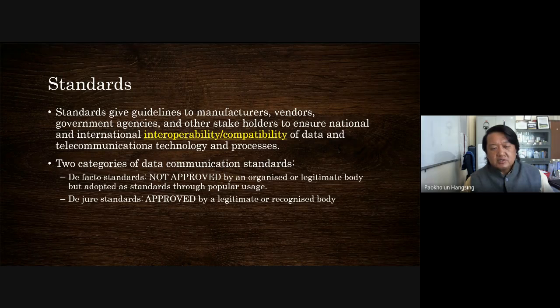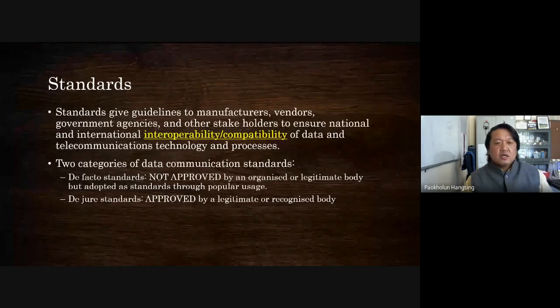Today data communication is not restricted to a small location, a small district, or within a state or a country.